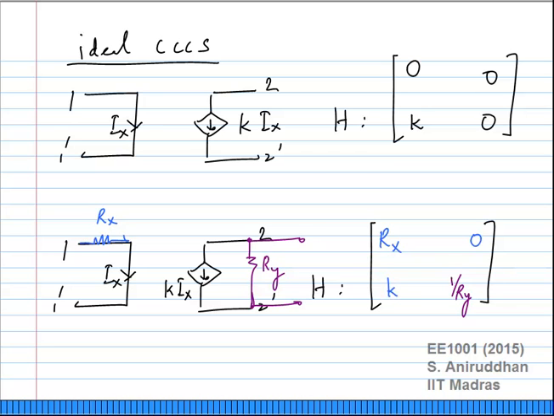When a second circuit is connected across 2 prime, let's say a simple resistor, the current through that is not exactly equal to K times Ix. It is split between Ry and K times Ix, depending on the relative values of Ry and the R that you connect from outside.